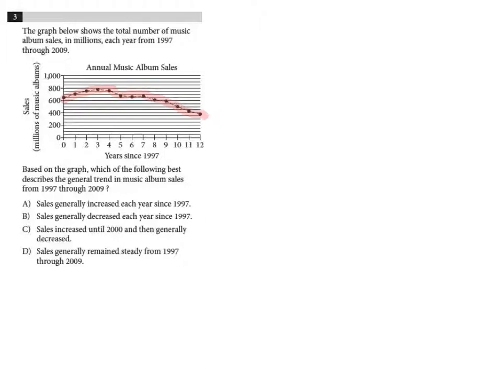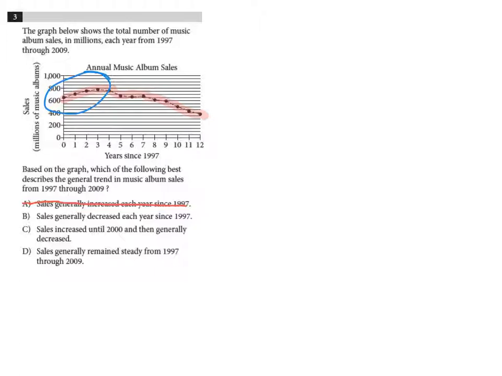So A says the sales generally increased each year since 1997. Well, no, clearly not, they're declining. B, sales generally decreased each year since 1997. I would not say that either, because around this first piece, sales were increasing.